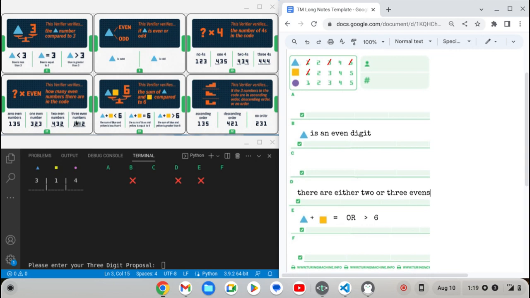Okay, so is there anything? I'm trying to think of possibilities since we do have this ordering. If there are 3 evens, I think there can't be 3 evens, because if there were, let's consider the possibilities.